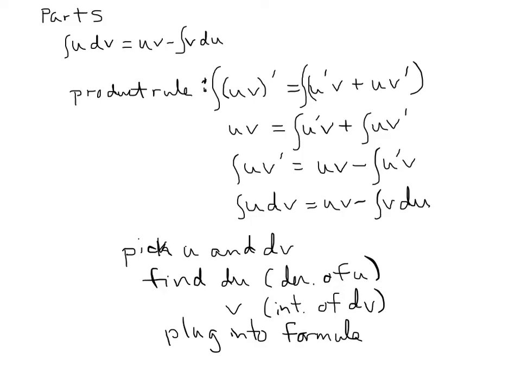All right, let's do an example. Let's integrate 2x times the cosine of 5x. One of the tricks of choosing your u and your dv is that for your u, you want to pick something that, when you take the derivative of it, decreases that value.